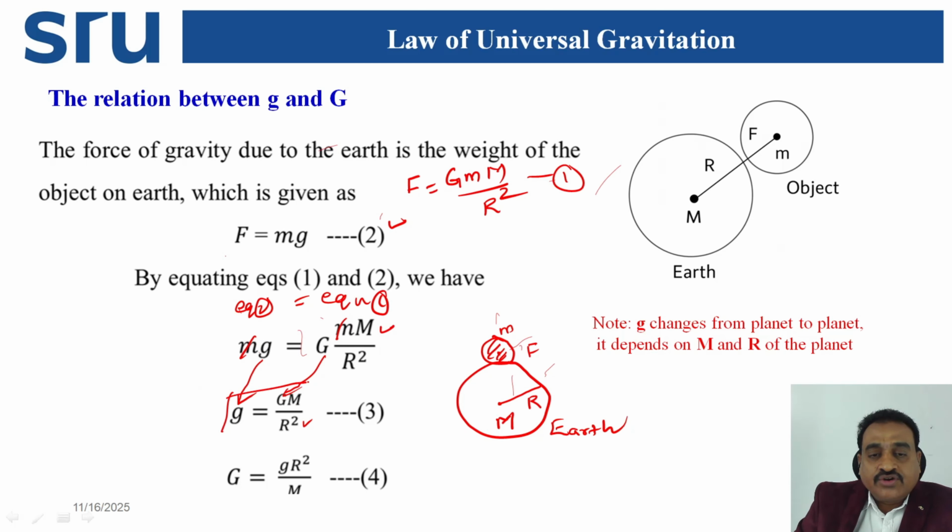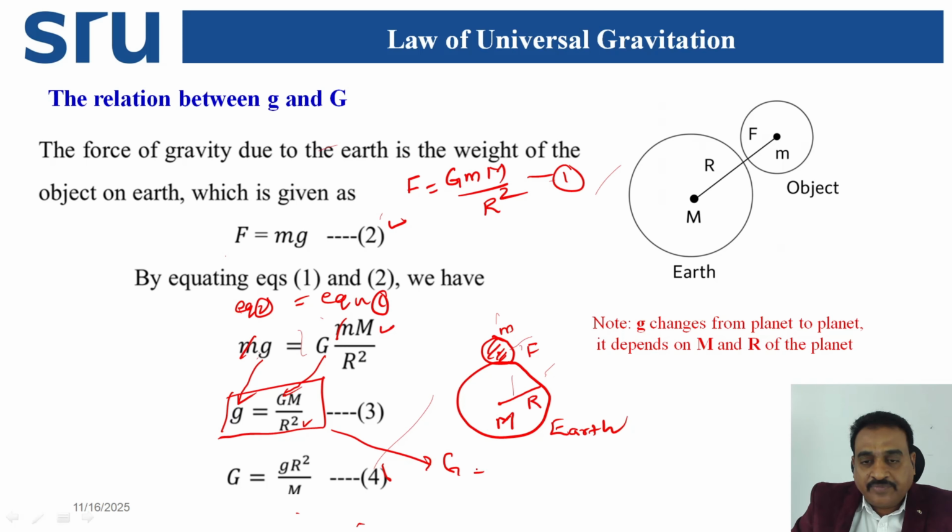This equation is known as the relation between small g and capital G. Also, from this relation we can write capital G is equal to small g capital R square by capital M. This relation is also known as the relation between small g and capital G.